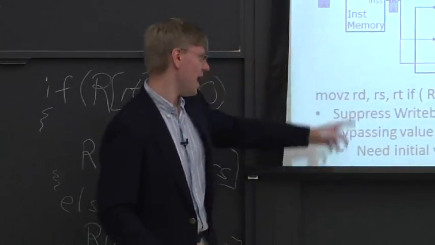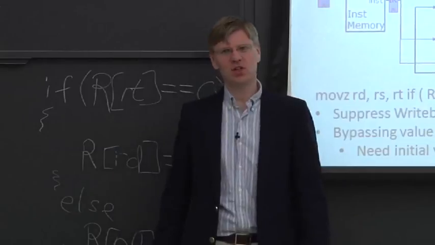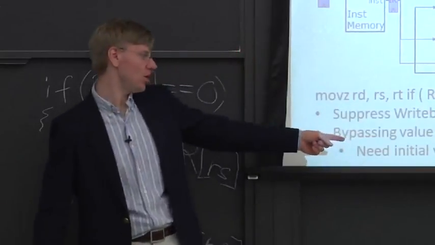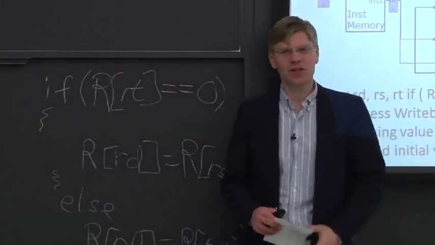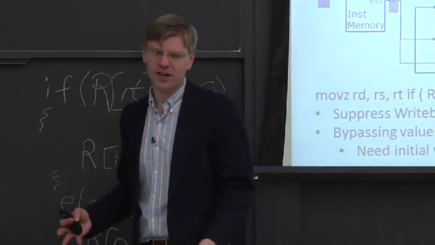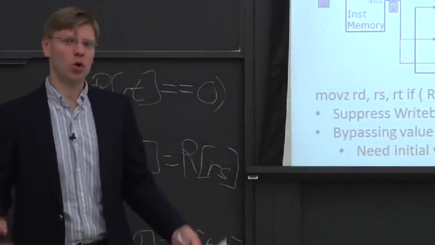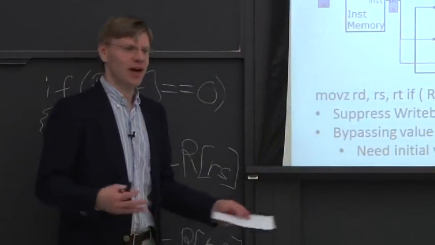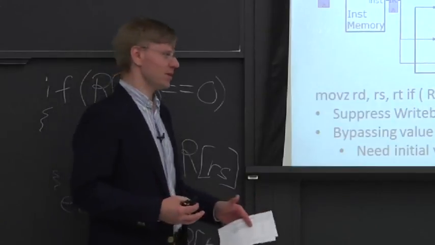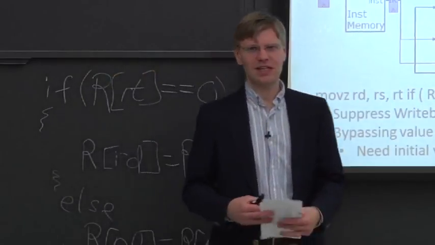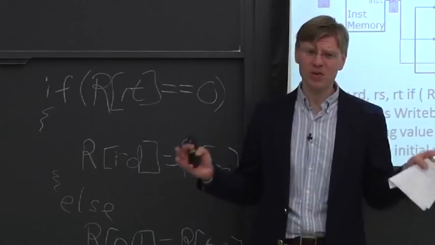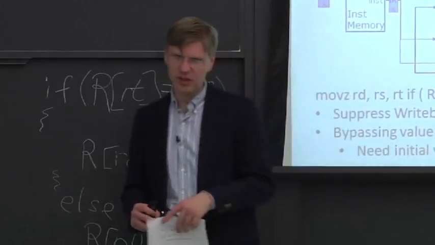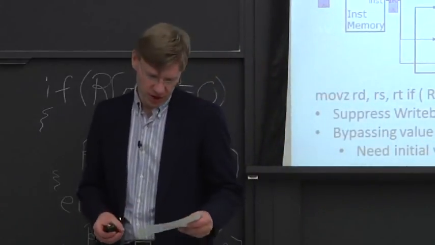And if all of a sudden we add something like conditional move here, and we need to add these extra read ports, we're going to go from a 9-port register file to a 12-port register file, where you're going to have 3 write ports and 9 read ports. That's hard to do. It's hard to build these really heavily ported register files.